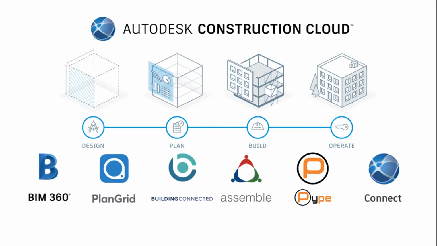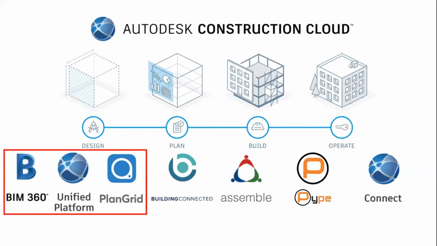So basically, the Autodesk Construction Cloud Connect allows us to create integrations between these different cloud solutions. So what Autodesk did is to create a much more integrated platform, which is termed as the Unified Platform. So this focuses more on taking the best features of BIM 360 and PlanGrid into a more combined and consistent workflow. So rather than having these cloud solutions separate, Autodesk created a unified platform out of the best ones.